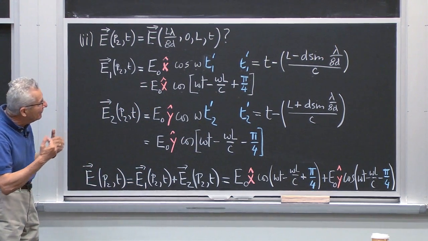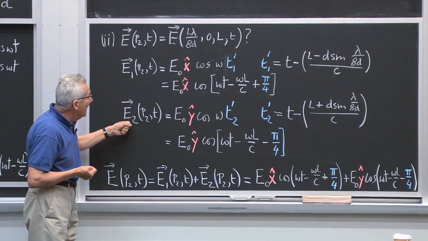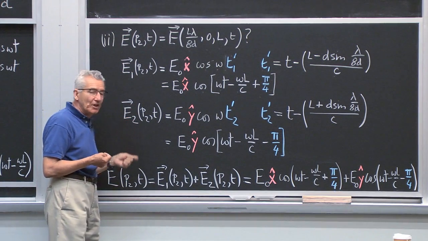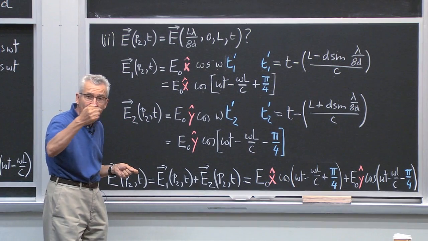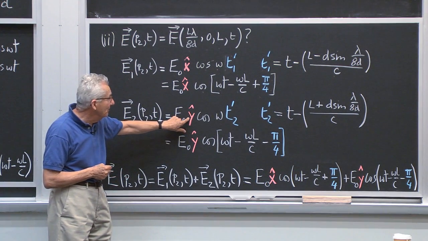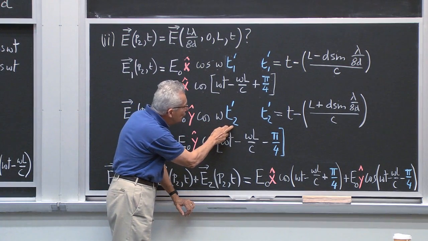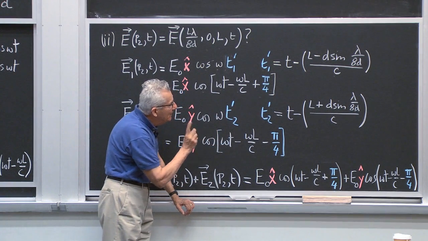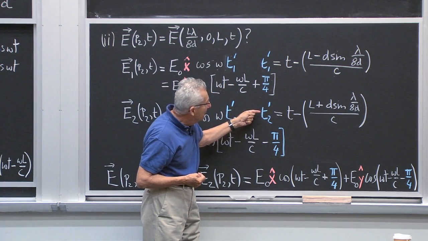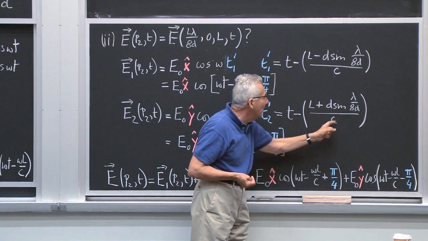Okay, how about from the other charge? If I take the other charge, everything will be the same, except now this charge is oscillating in the y direction. So the electric field will be in the y direction. And this time, it's omega t2 prime, where t2 will be very similar to t1, but now the distance is greater by this amount.